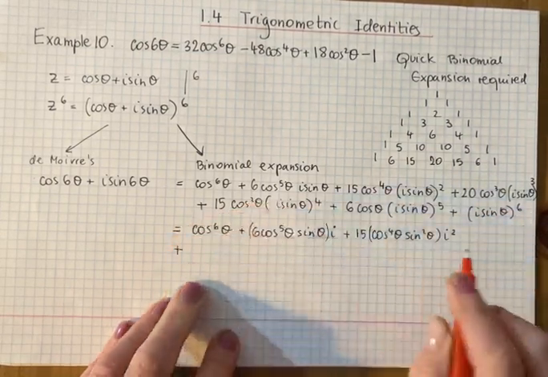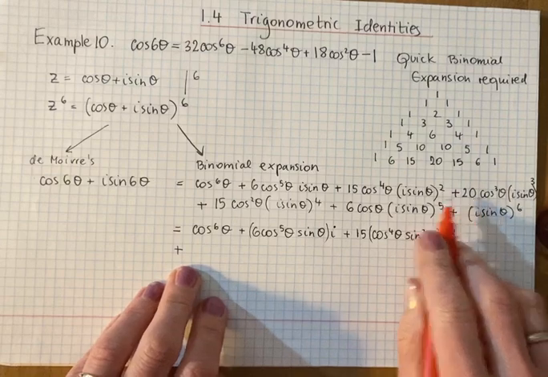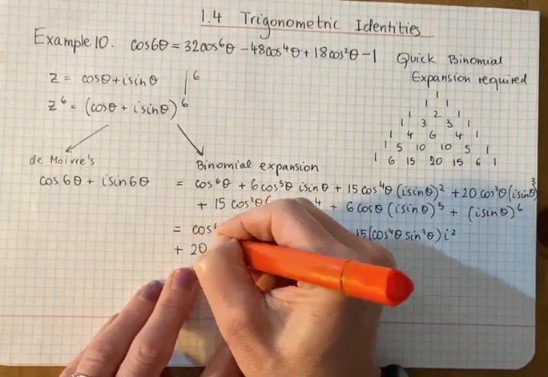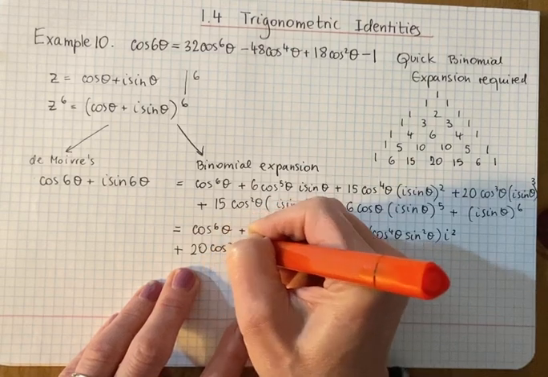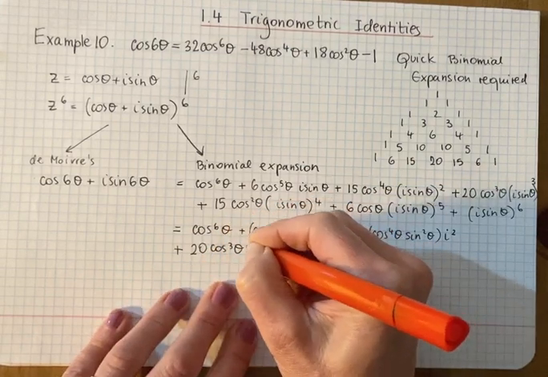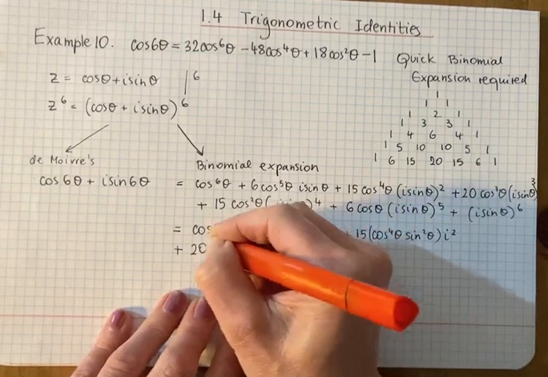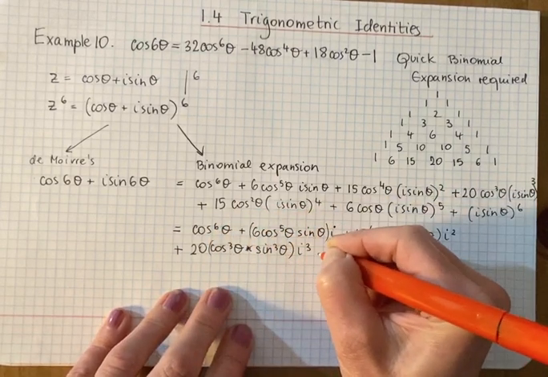Plus, I want to have enough room to squeeze the next one, so I'll put this one in the next line. 20 cos cubed theta times sine cubed theta, and this is multiplied by i cubed.